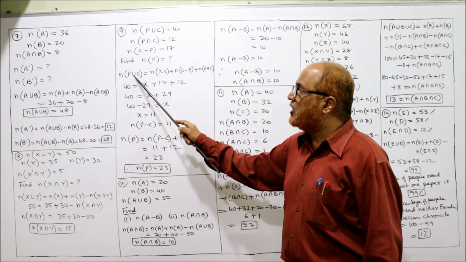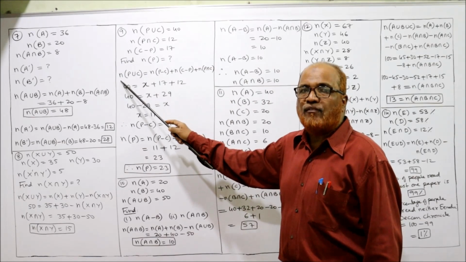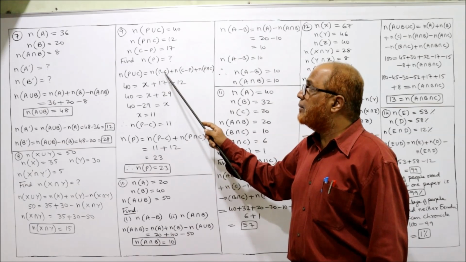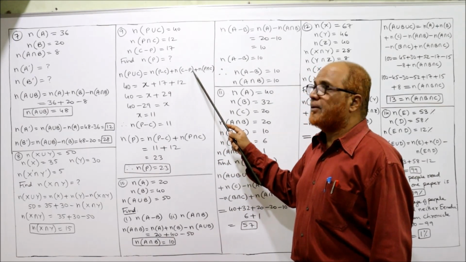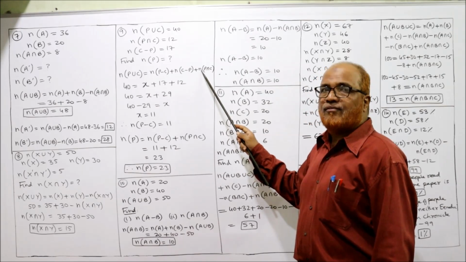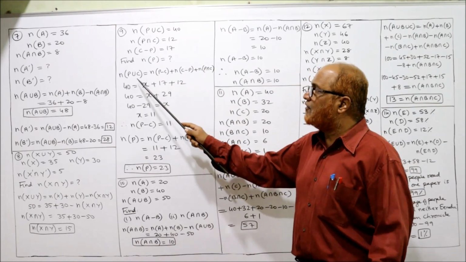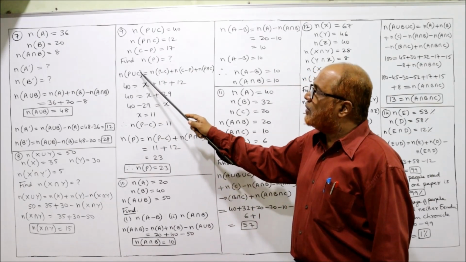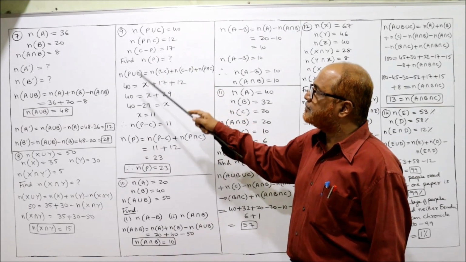N of P union C, the number of elements in P union C, is equal to N of P minus C plus N of C minus P plus N of P intersection C. This is the formula of N of P union C. So now in our problem, N of P union C is given 40.